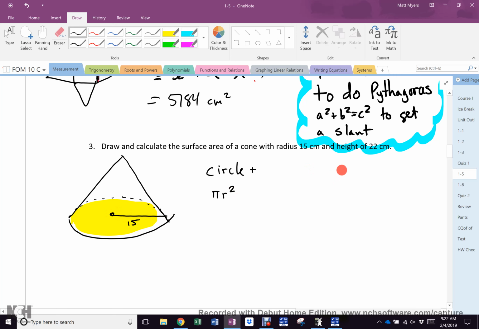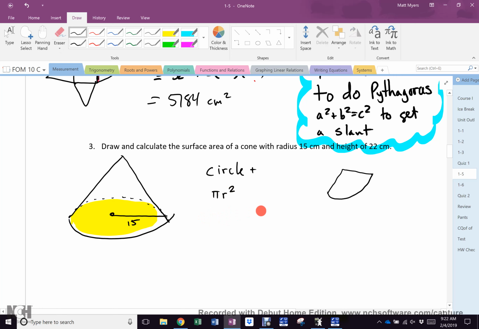Now the rest of the cone is this shape. It's a piece of a circle, right? Well, if it's a piece of the circle and I need an area, I must need pi and radius, right? If it was a whole circle, it's pi times r, r squared, right?